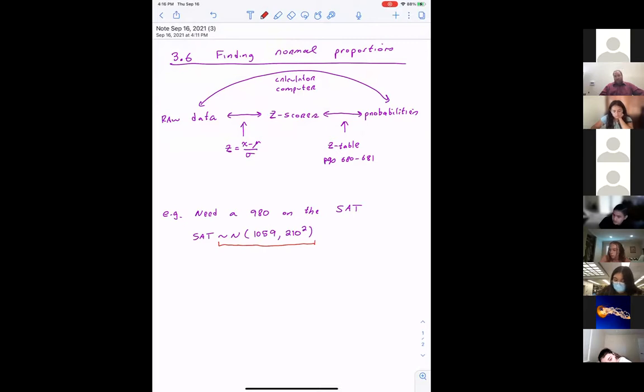Every one of those symbols means something. What do you think the capital N tells you? That it's a normal distribution. That it's normal. What do you think the 1059 tells us?